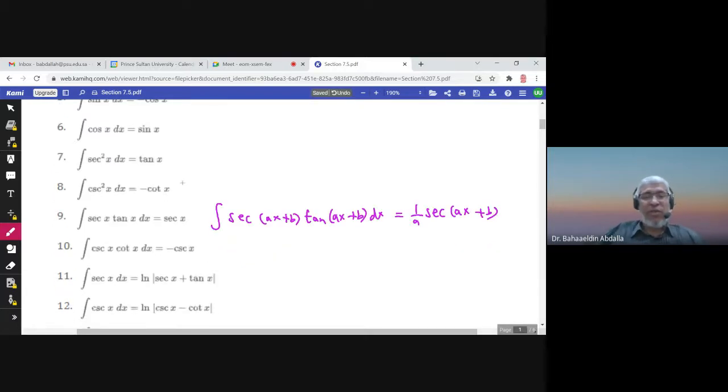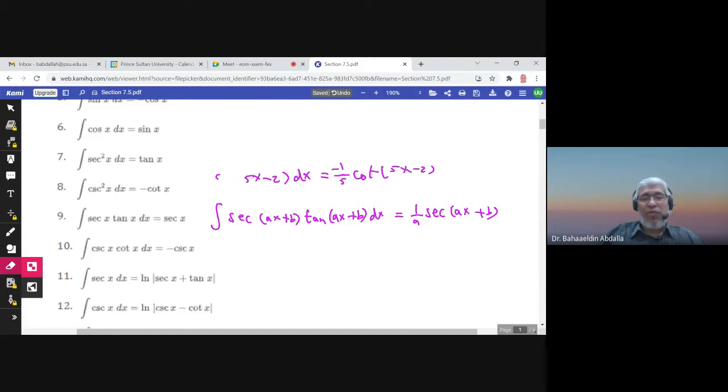For example, integral cosecant square 5x minus 2 dx would be negative cotan 5x minus 2 multiplied by 1 over 5. All right. So I hope you understood this point.